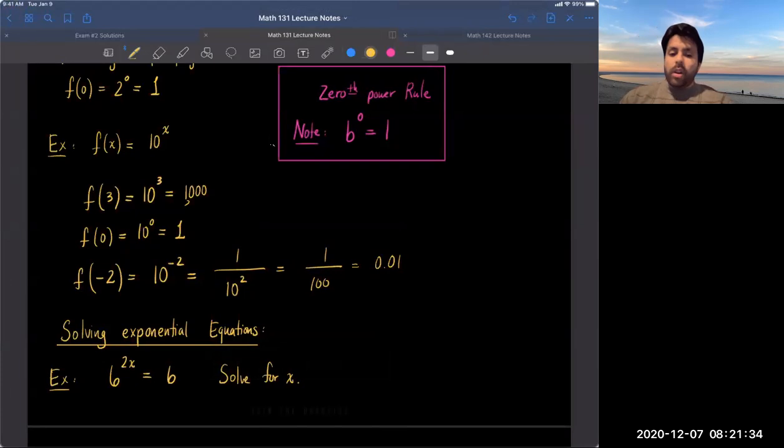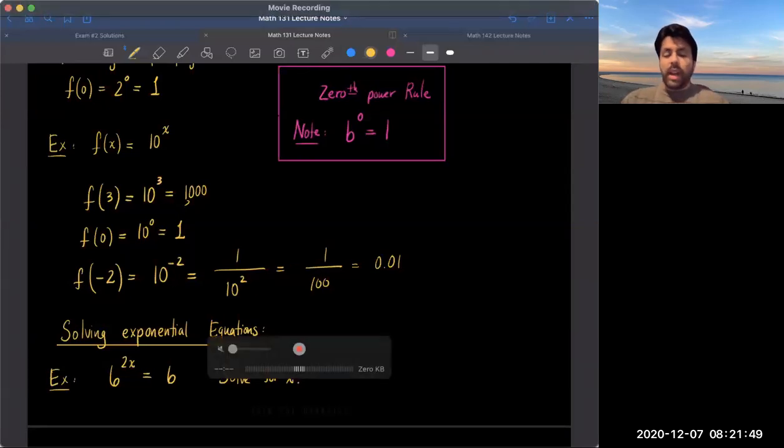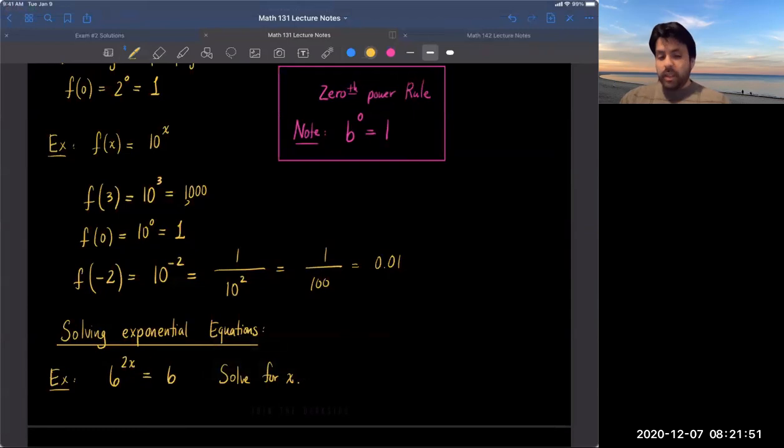So you could definitely log both sides, but there's an easier way. You don't have to take logs in this scenario. You always can though, but there's an easier version without using logs. Does anybody know?